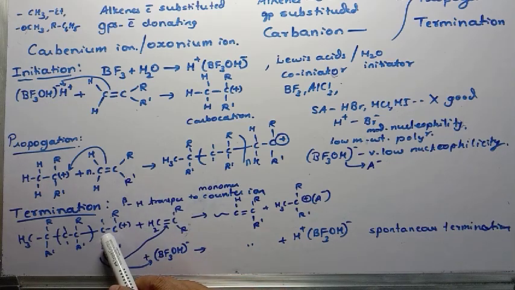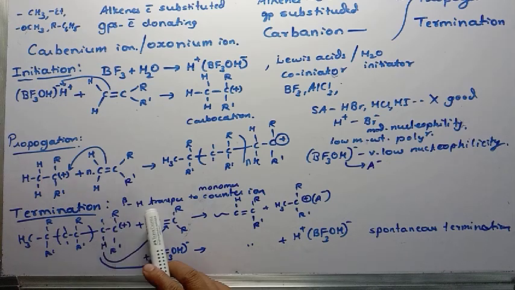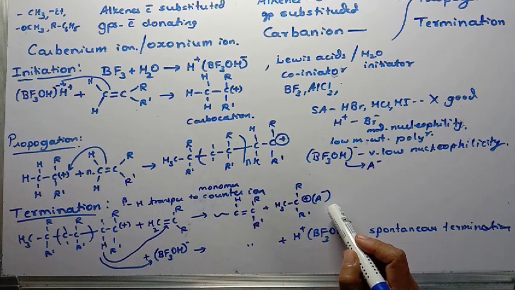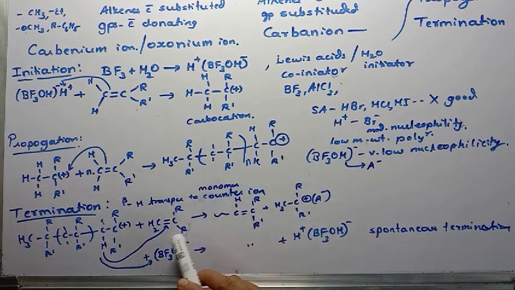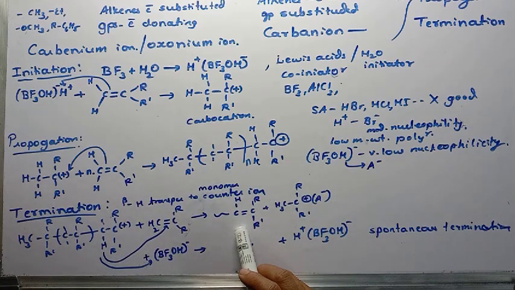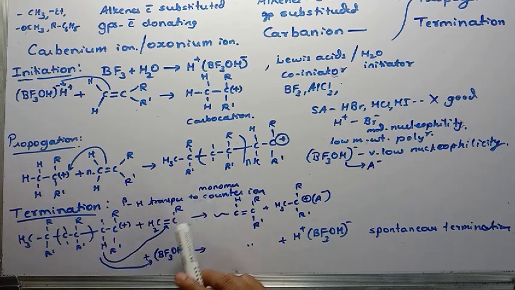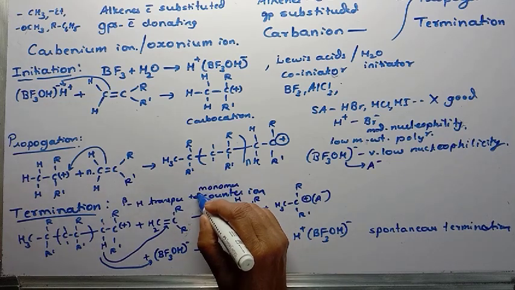The first one is transfer of the beta hydrogen of the carbonium ion to one of the monomers, which results in the formation of a new active carbocation which acts as an initiator, and a macromolecule ending with unsaturation.